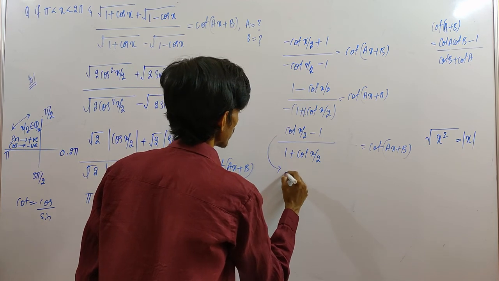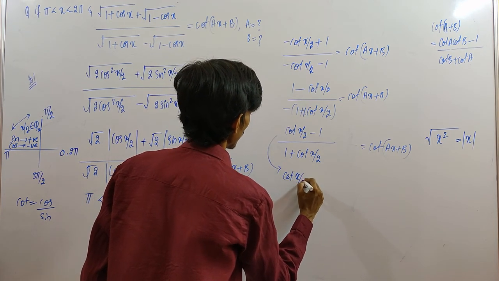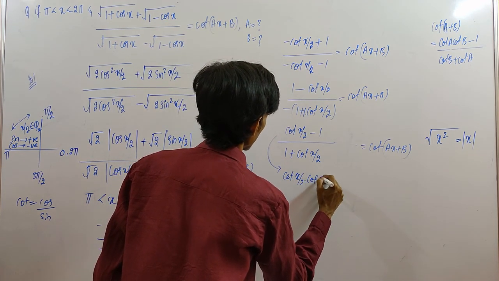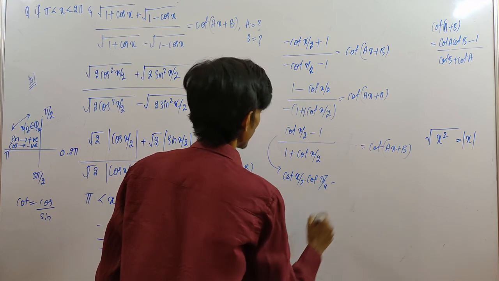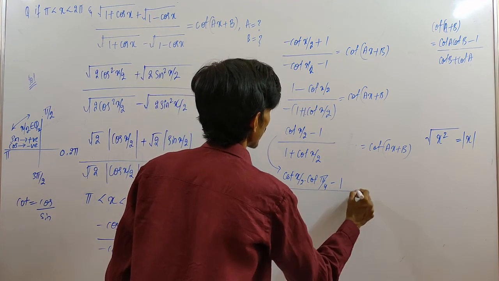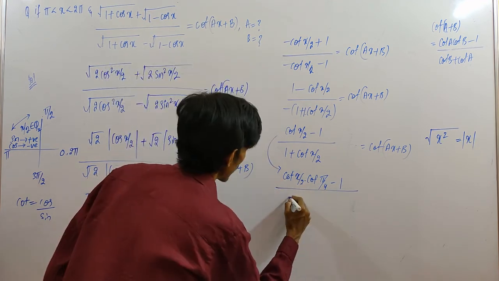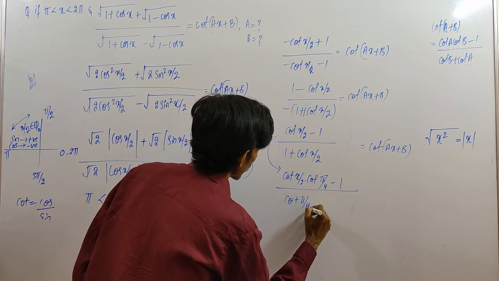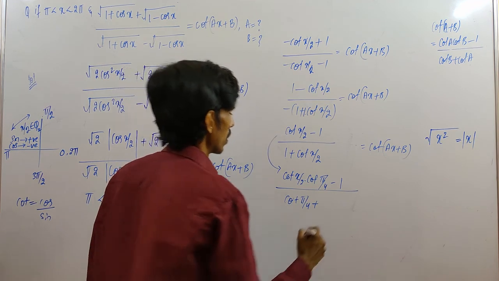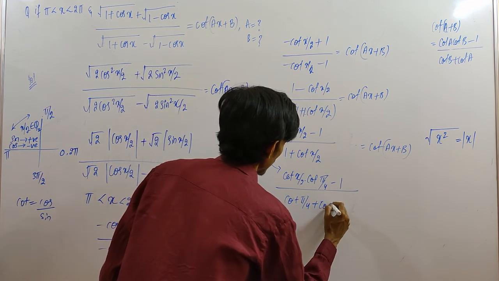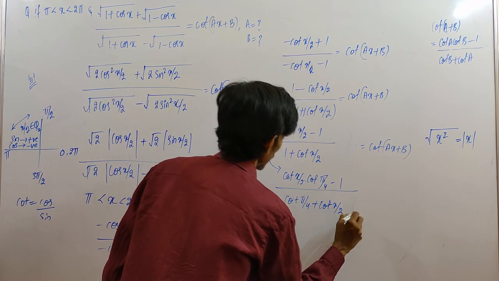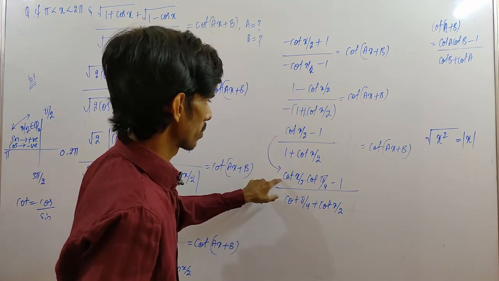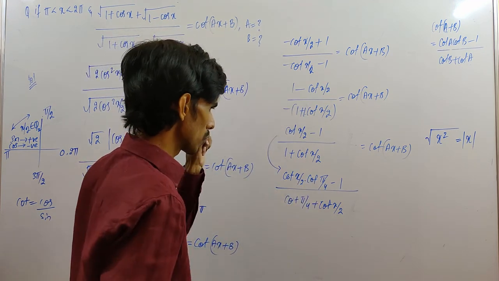So this can be written as cot x by 2 into cot pi by 4 minus 1, divided by cot pi by 4 plus cot x by 2. Cot x by 2 as it is, and the cot pi by 4 value is 1.